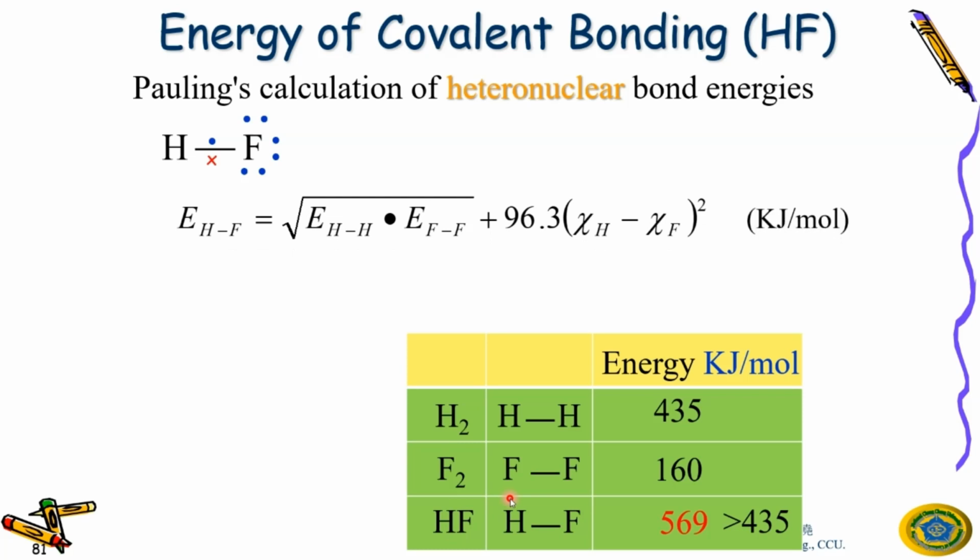And ladies and gentlemen, I don't want you to remember this equation because it is a relatively rough calculation. So you have a square root of the pure covalent bond energies, put these two numbers in here, and then plus 96.3 times chi H minus chi F to the power 2.